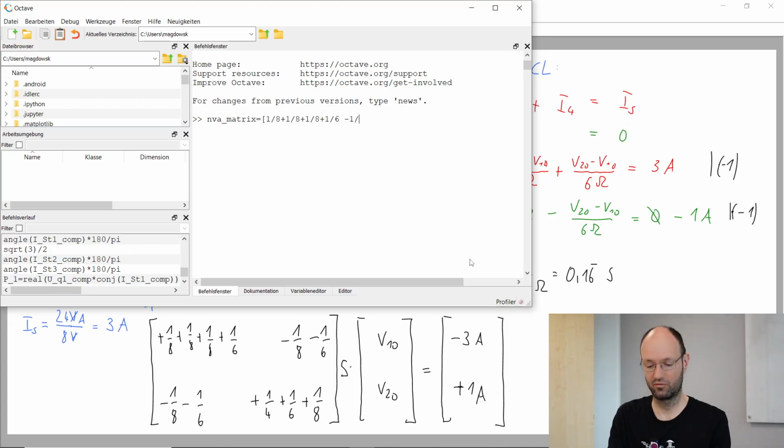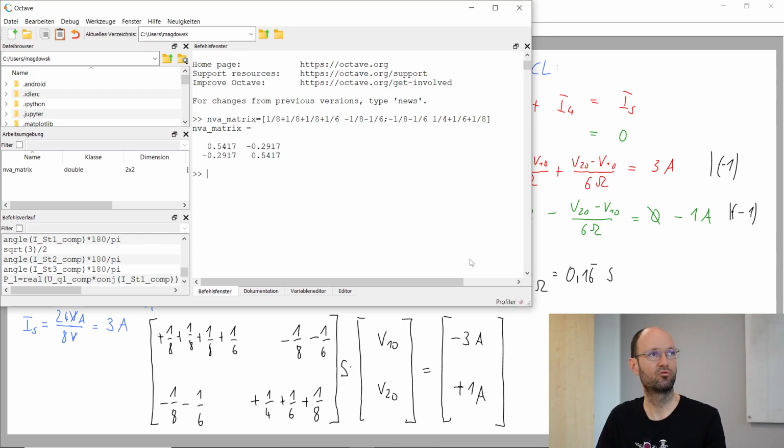Then minus 1/8 minus 1/6. And in the next row we have another minus 1/8 minus 1/6 and, well, I can omit the plus, 1/4, 1/6, oops, plus 1/8. This should be our matrix and looks more or less meaningful.